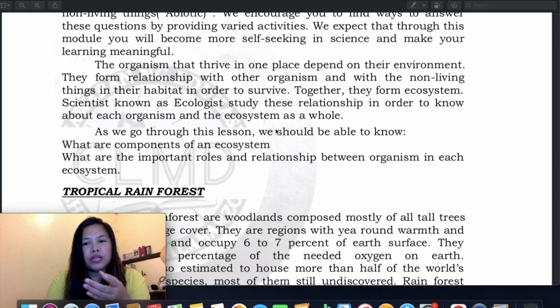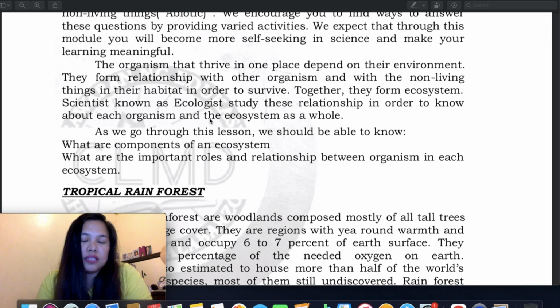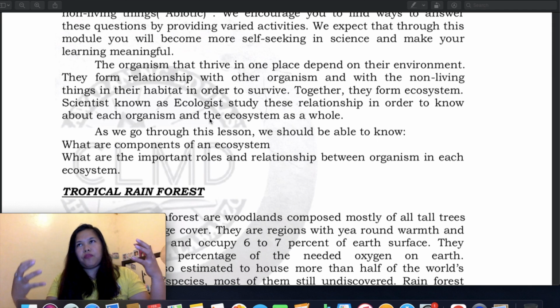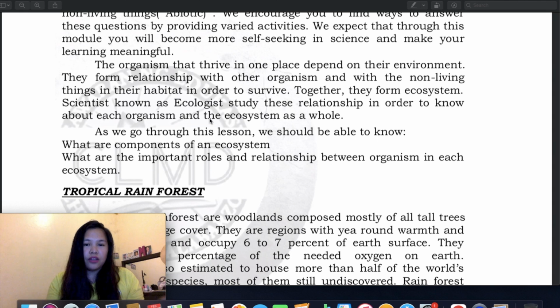So they study this relationship in order to know about each organism and the ecosystem as a whole. So there are 3 types yata of ecosystem. Basta matatackle natin yan kung ano yung kinds of ecosystem na yon.